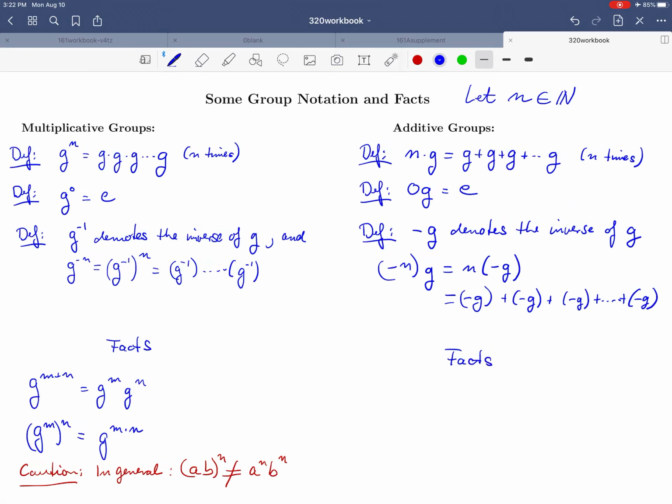Okay, a few facts over here. If you have m plus n copies of g, that is the same as mg plus ng. And if you have n times mg, that is equal to nm times g.